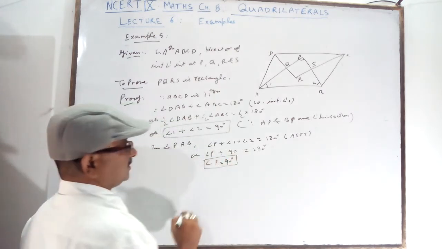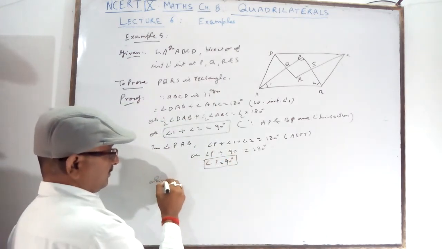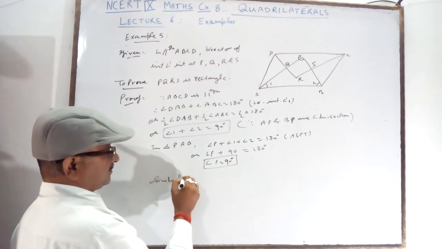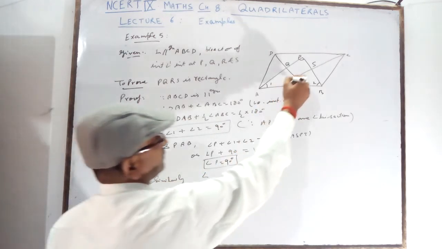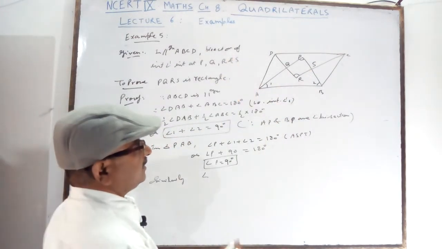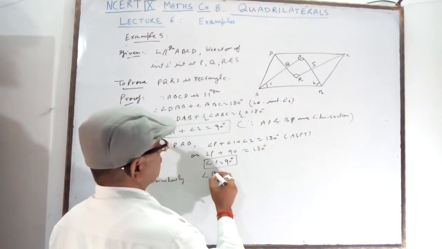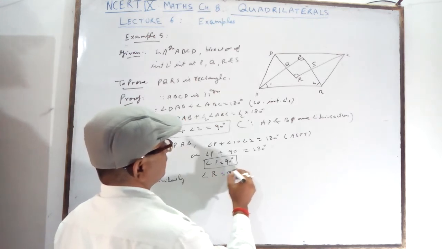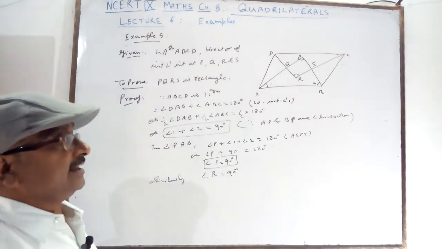First you have proved this. Similarly, with the same process, angle R is equal to 90 degrees. Two angles you are getting 90.